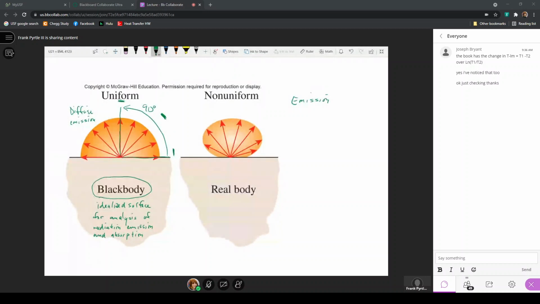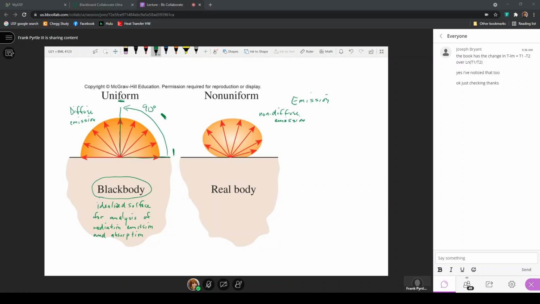For a non-uniform distribution of the emission, this would be called a non-diffuse surface, a surface that has non-diffuse emission.